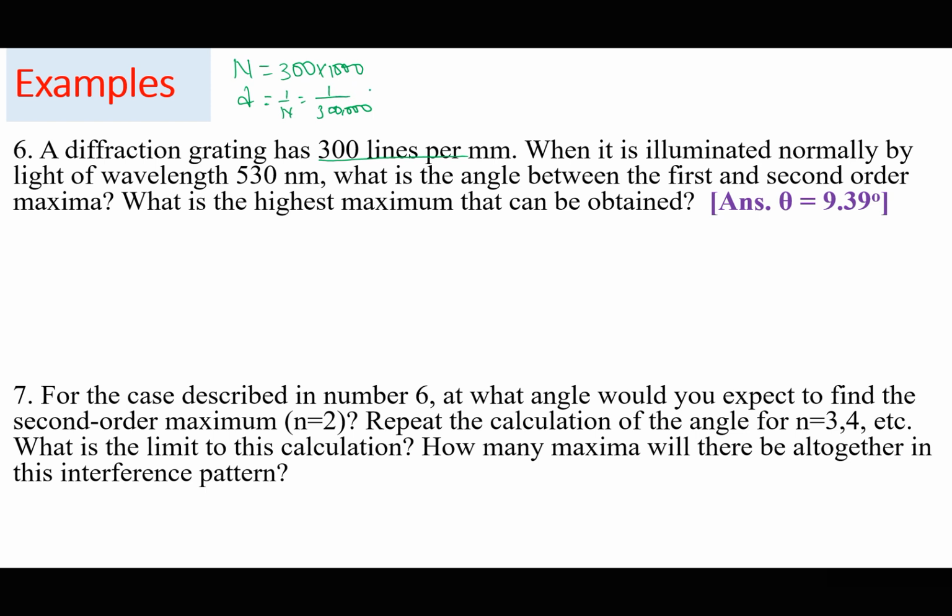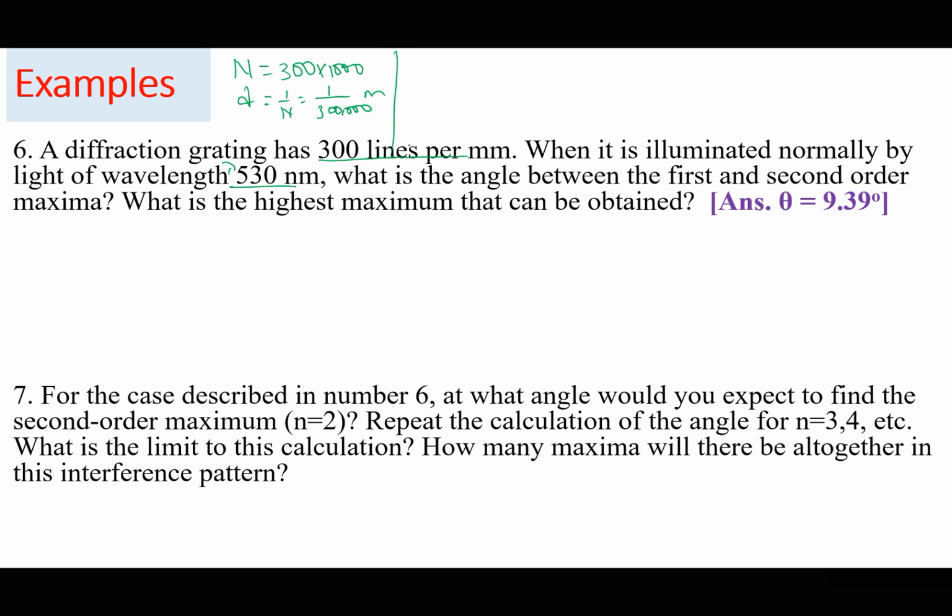That's the slit separation in meters. When it is illuminated normally by light of wavelength 530 nanometers, so this is the wavelength 530, what is the angle between the first and the second order maximum? We want the angle between the first and the second order maximum.